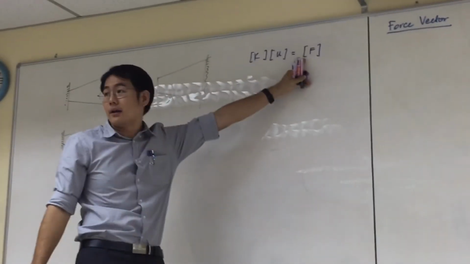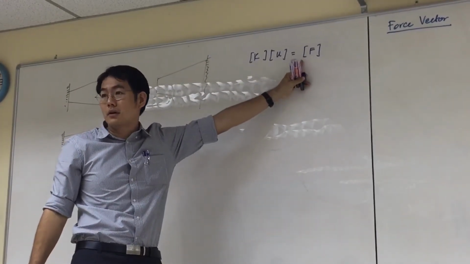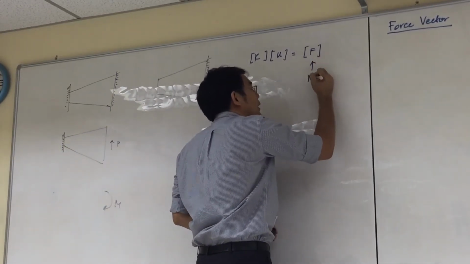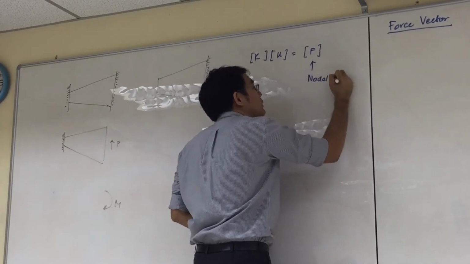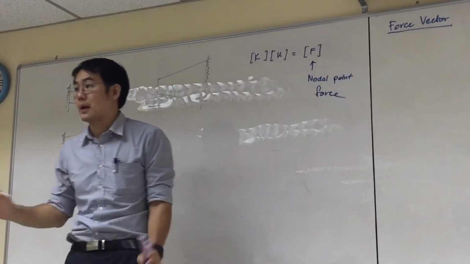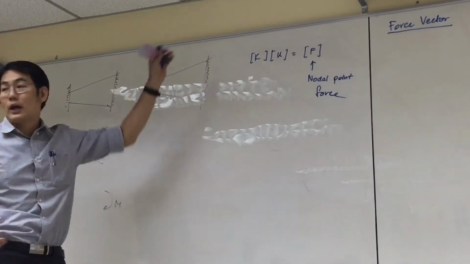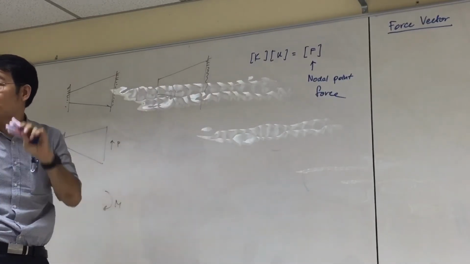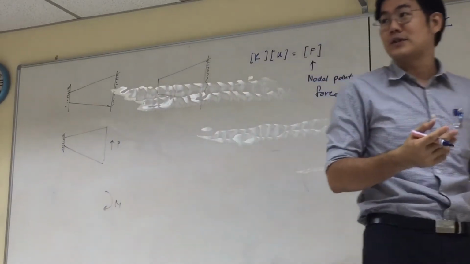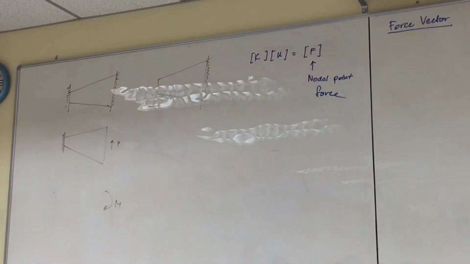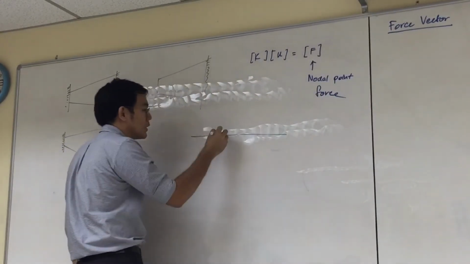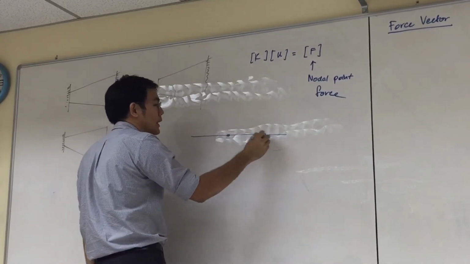The thing is that the force vector over here is a nodal force; it belongs to the nodal point. That means this calculation will be possible if you have nodal point force. But in reality, you don't really have just nodal point force acting. For example, in your beam, which is very general, you might have degrees of freedom here, there, and there.